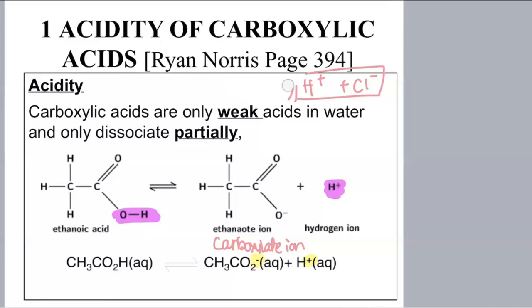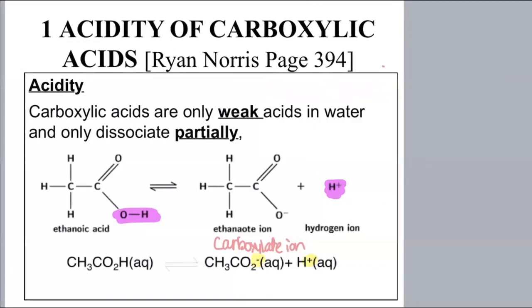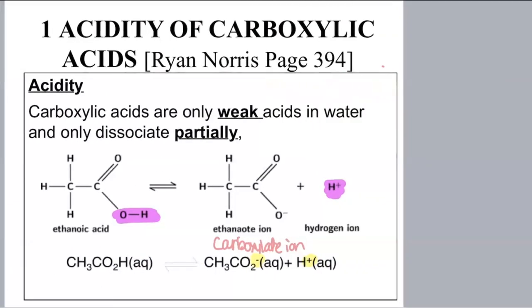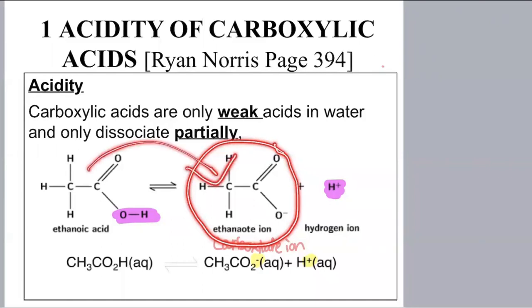Right, I'm gonna erase that. Moving on, explaining acidity, the first explanation is talking about the stability of this ethanoate ion, whether this ion is stable or not. If this ion is stable, that means it favors forward reaction, more acidic, more ionization.